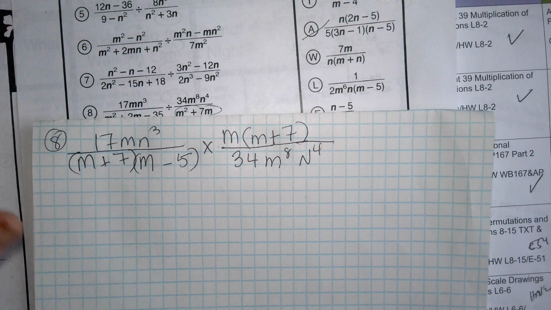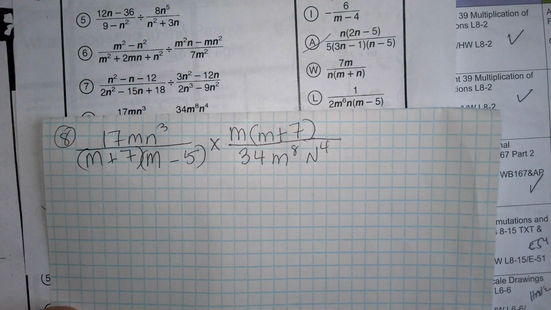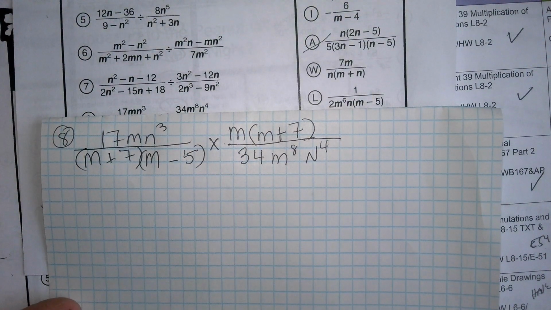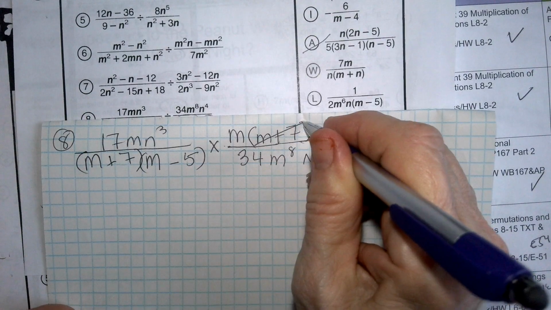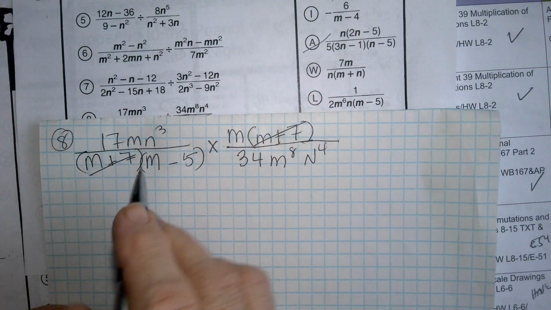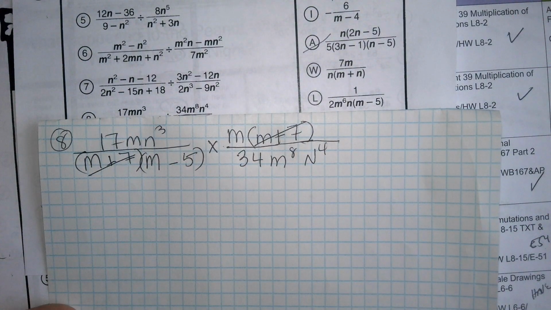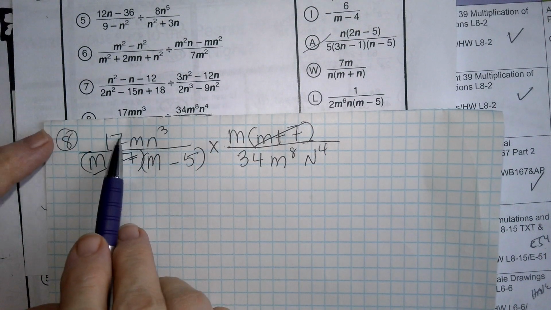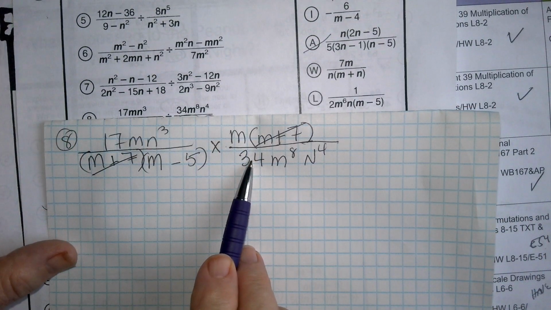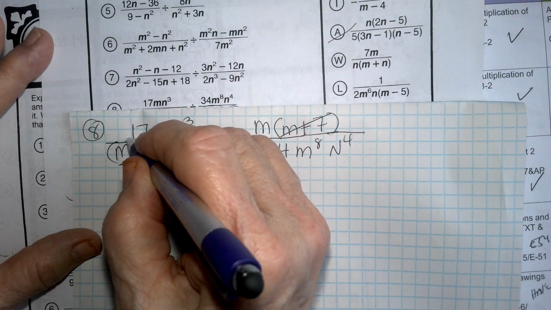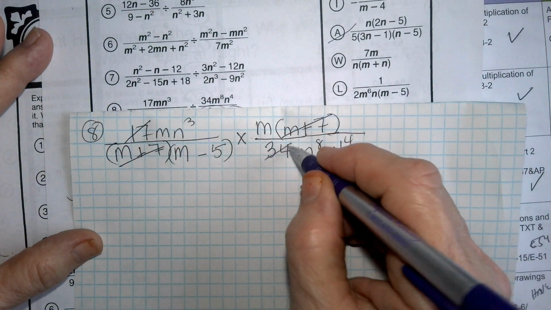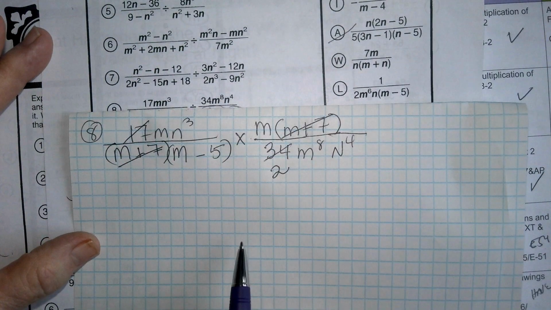Then do you see anything that can be reduced on top and bottom? Yeah, the m plus 7 doesn't matter if it's way over here and the other one is over here, as long as it's separated by a division sign. And then, does 17 go into 34? Yeah, so we can reduce this out, and a 2 is going to be left.